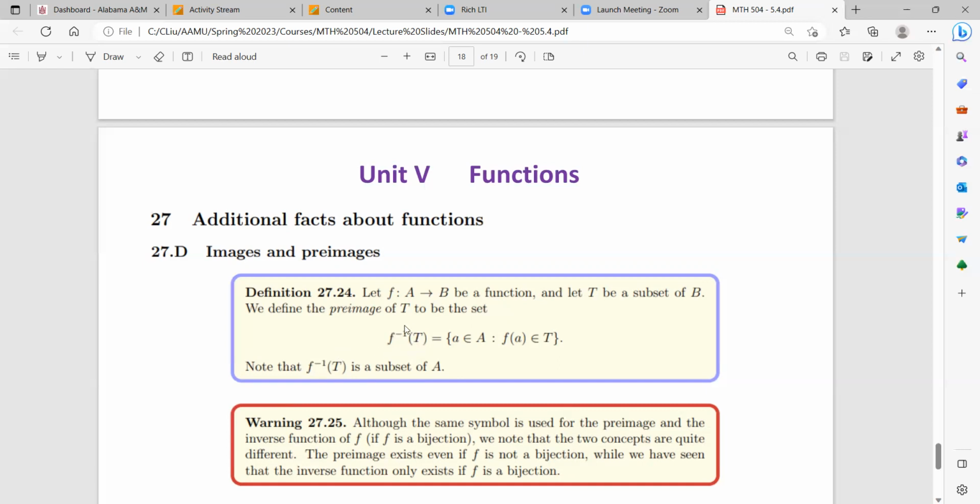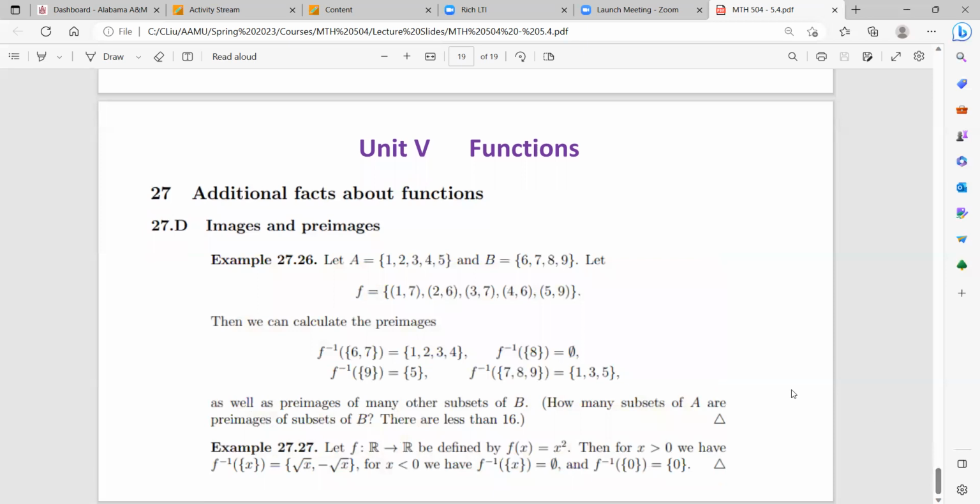We are using similar notation, but with the argument in here, one is a set and the other is an element, to distinguish between these two things. So when the argument is a set, it automatically means the pre-image. When the argument is an element, it automatically means an inverse function. Just be careful.